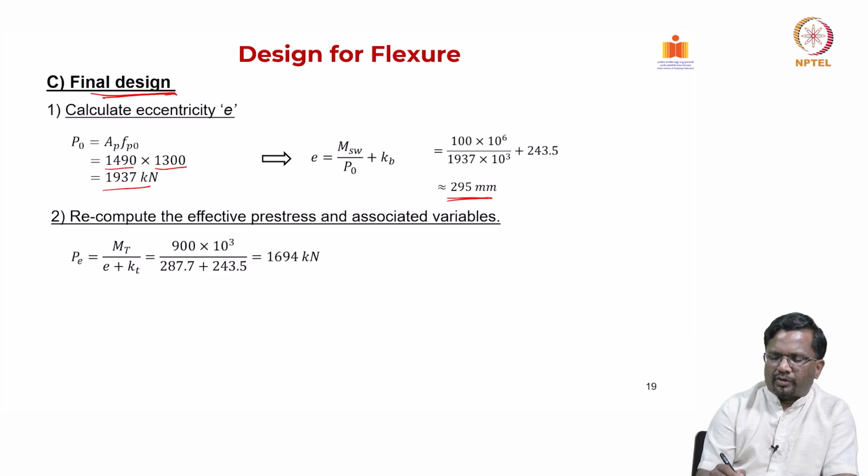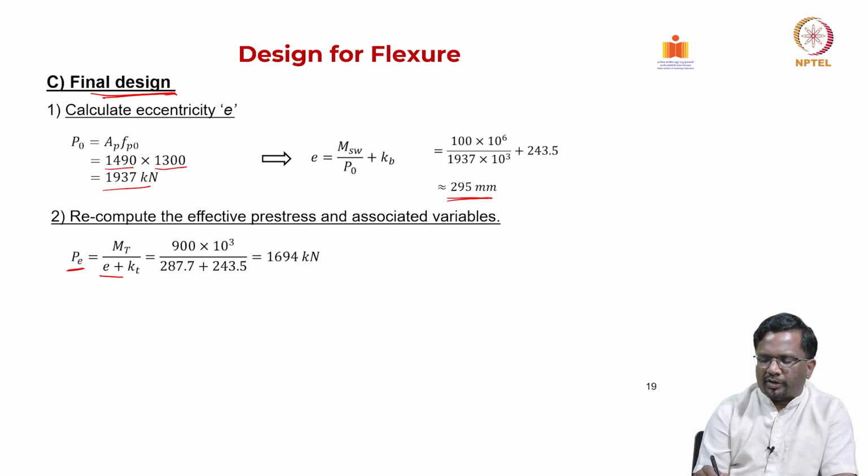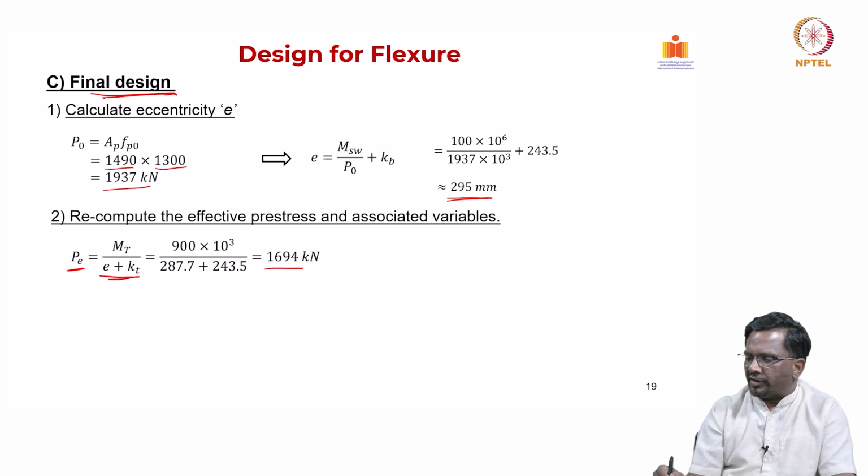Now how do we do that? Pe, the effective pre-stressing, is total moment divided by the distance the compression force is moved. This is the lever arm, e plus kt, that we have done. So if you do that, 1694 is coming, right?